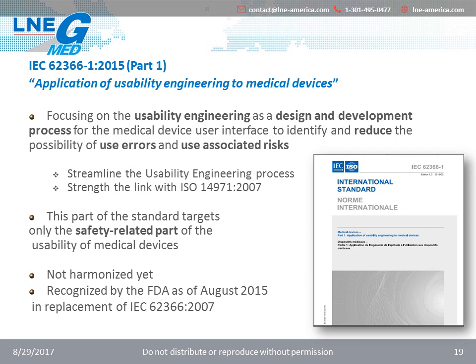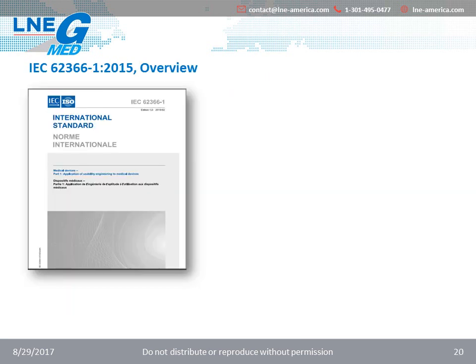IEC 62366-1 2015 is not yet harmonized and does not appear on the list of the official journal of the European Union, but it has been recognized by the FDA as of August 2015 in replacement of the version 2007 of IEC 62366. The 50 pages of the new standards are broken up to three main different parts.